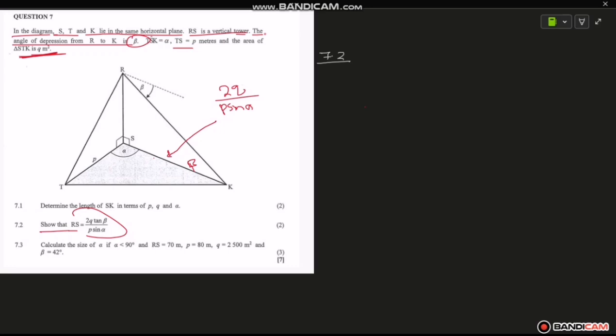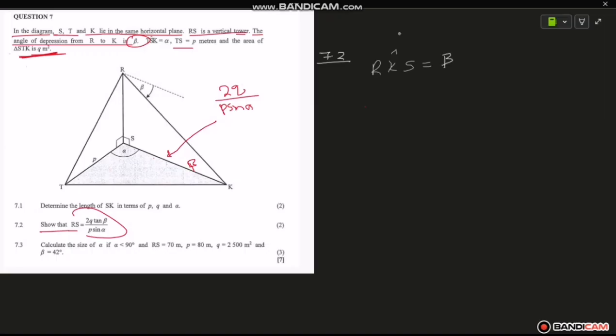So there's a mark for that. You have one mark. If you're satisfied with that one mark, you can actually leave it like that. So angle RKS equals what? Angle K there equals beta. It is equal to the angle of depression. There's a mark for that.